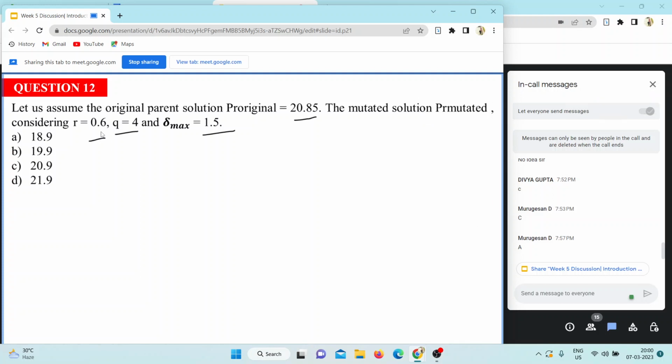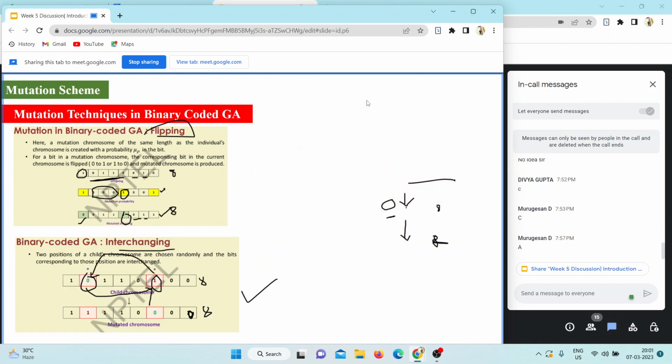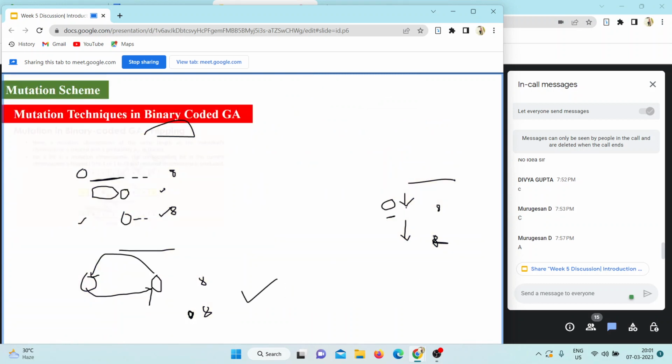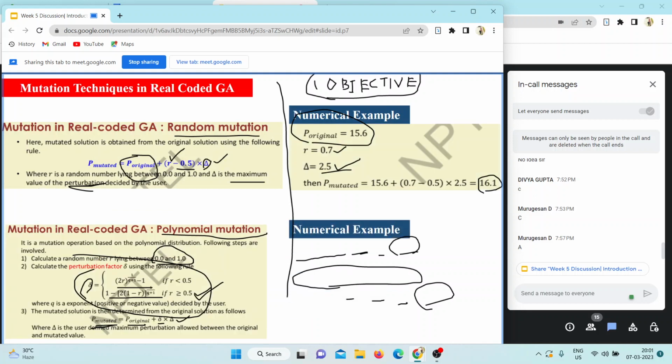As R is given 0.6, R is greater than or equal to 0.5, so we have to use the second formula, 1 minus 2 into 1 minus R to the power 1 by Q plus 1.